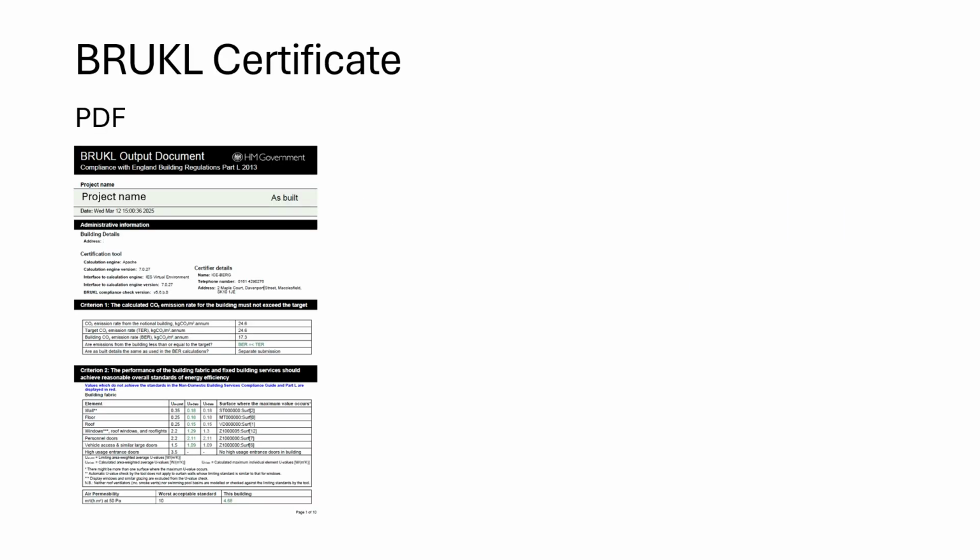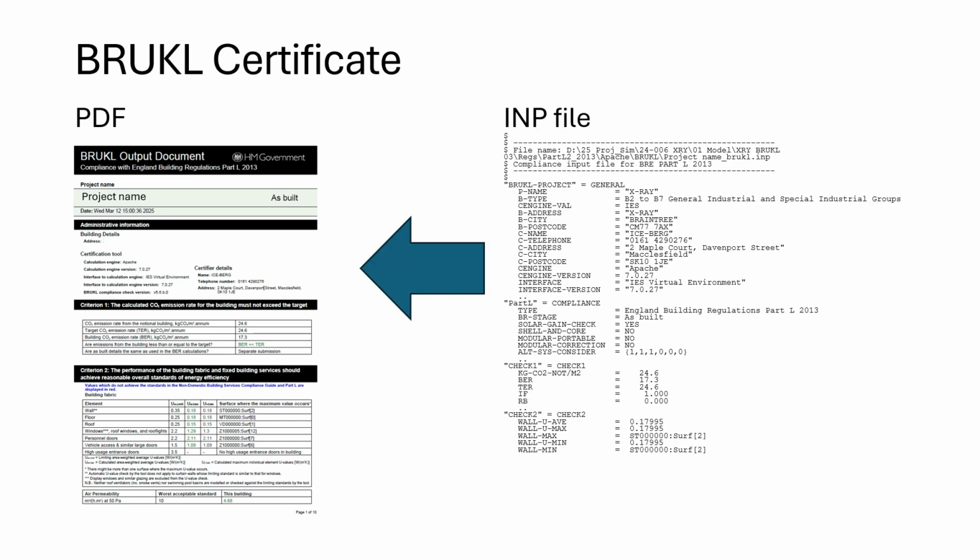The BRUKL certificate is a PDF that's produced by the ICE-BERG or DSM software. It shows whether you've passed or failed Part L. It also shows more detail, and it's this detail that we're really interested in as building physicists. The source code of this PDF is an open text file with the extension .inp, and all the software, ICE-BERG, IES, TAS, Design Builder, they all create this INP file.